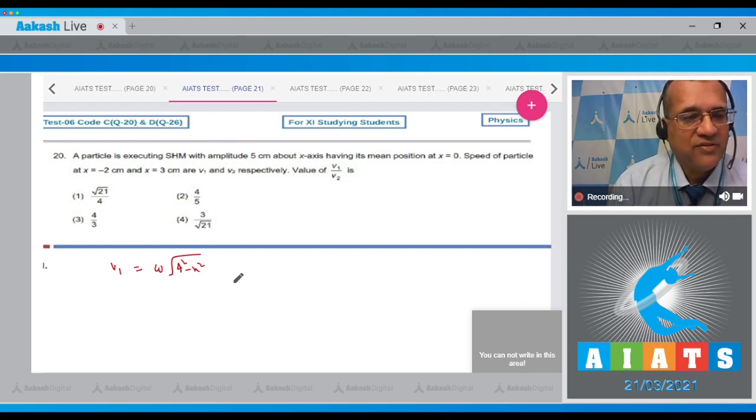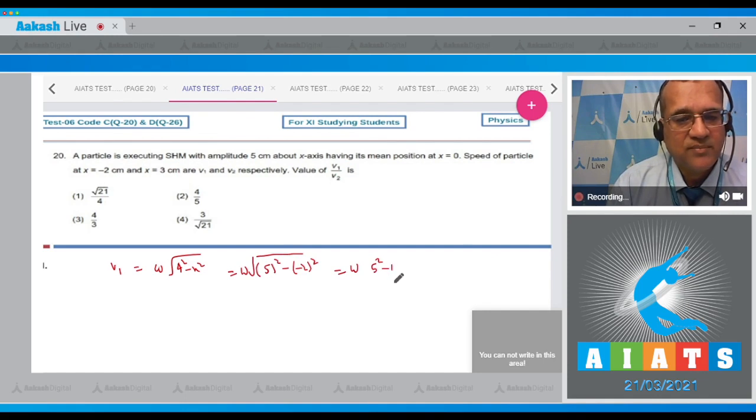Right? Therefore, I fill in the values. The amplitude is given as 5 cm and x is given as minus 2, so that is omega root of 5 square minus 4, which is root 21 omega.